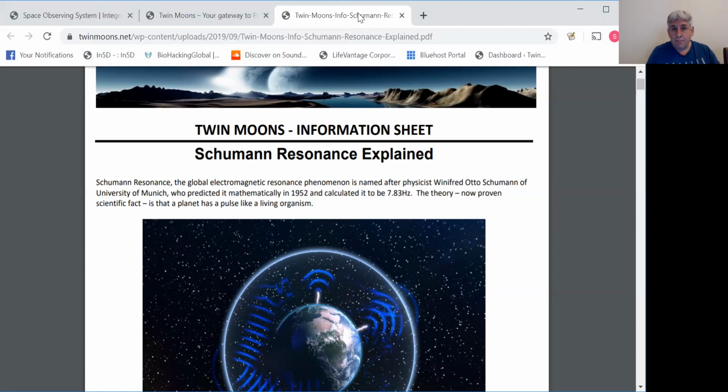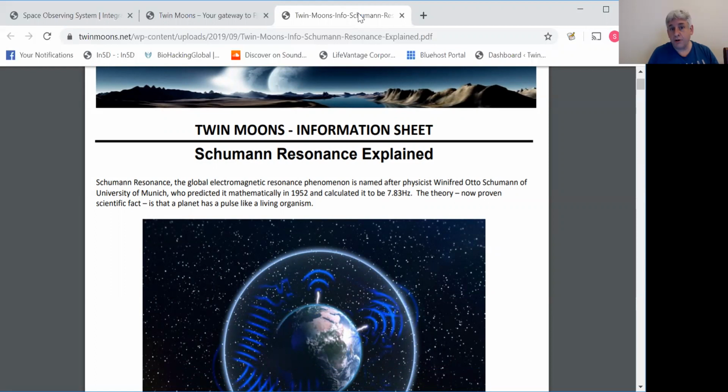Even though modern science has attributed the recognition for detecting the resonant frequency of the planet to Winifred Otto Schumann from the University of Munich, who put forward, somewhat 50 years after Tesla did, a theory that there was this cavity which produced these resonant frequencies, and then actually detected it.